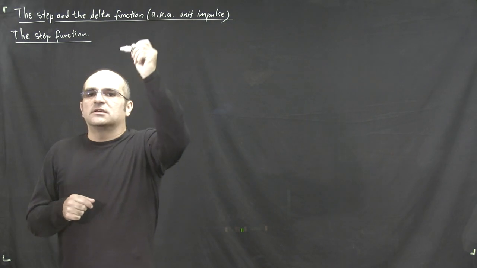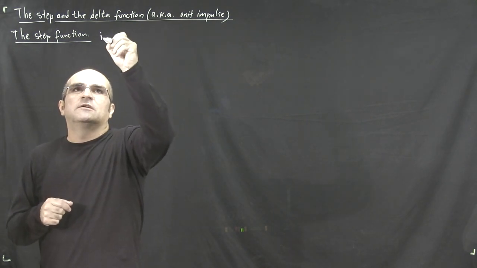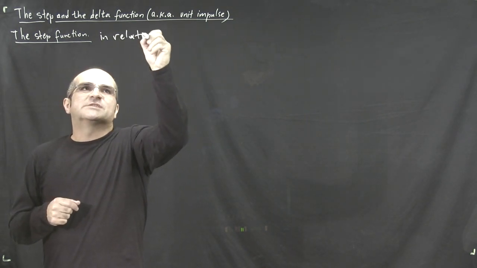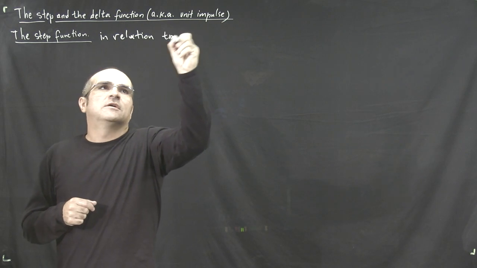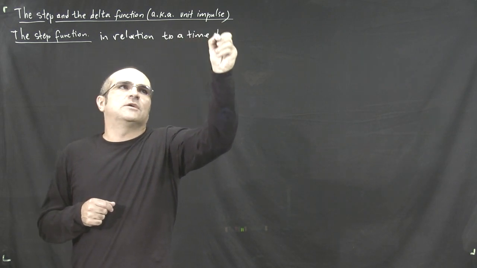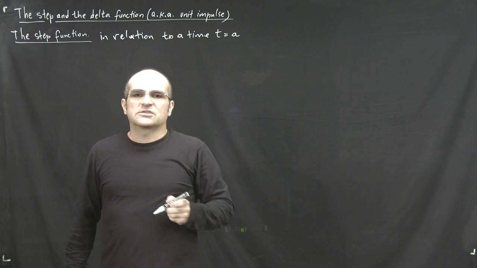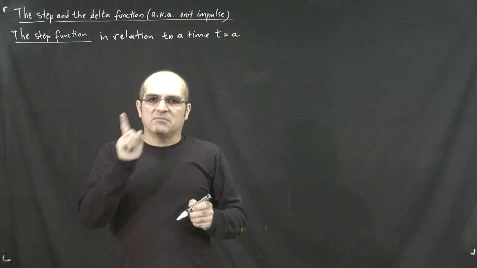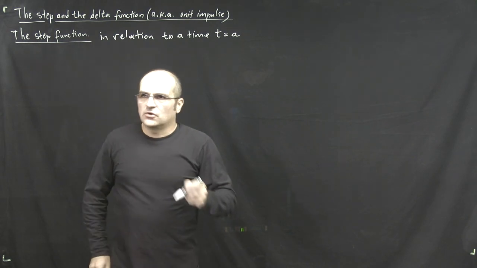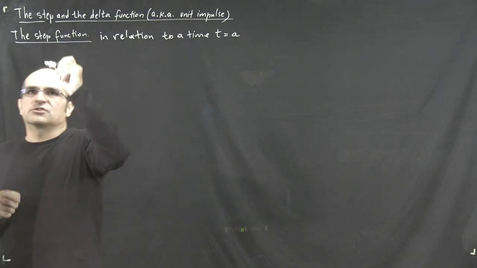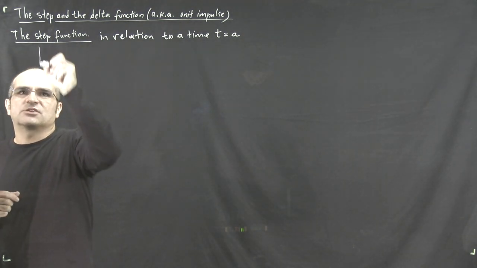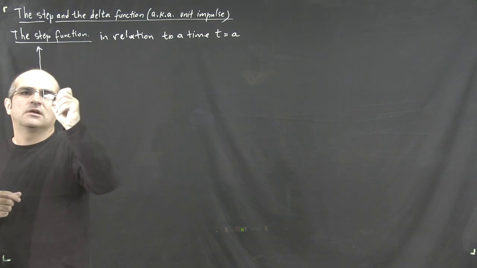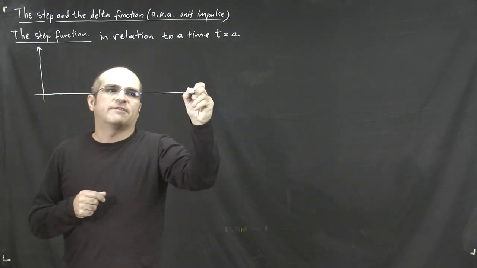So the step function is defined in relation to a specific time t equals a. So the step function simply returns 1 when t reaches the time equal to a. So let's write down the definition. Actually, let me sketch the graph of the function and then define it.